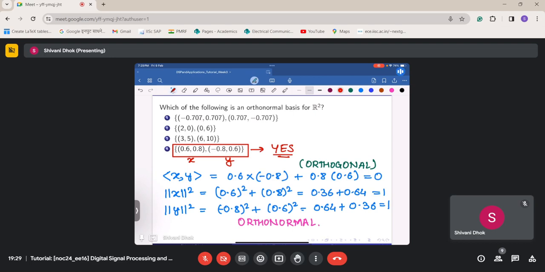But along with having unit norm, it should also be orthogonal. So orthogonal plus having unit norm corresponds to an orthonormal set of vectors. Any other questions?